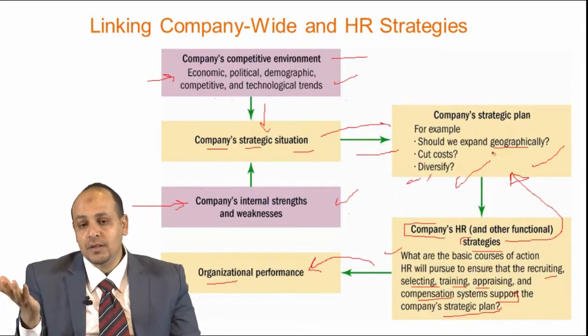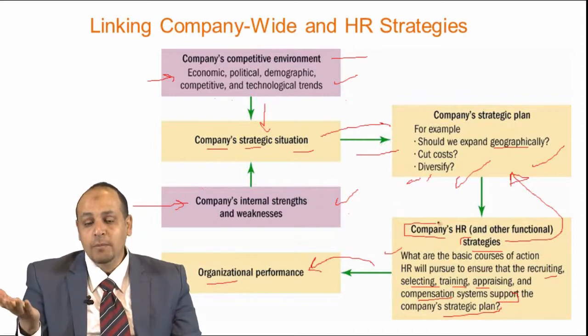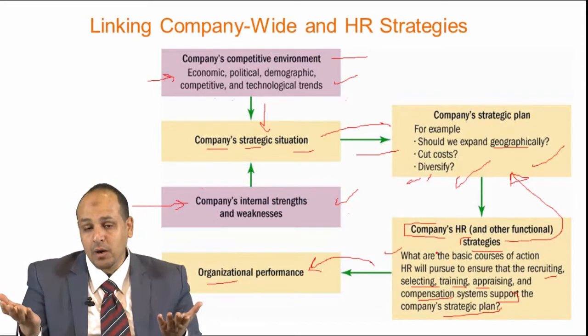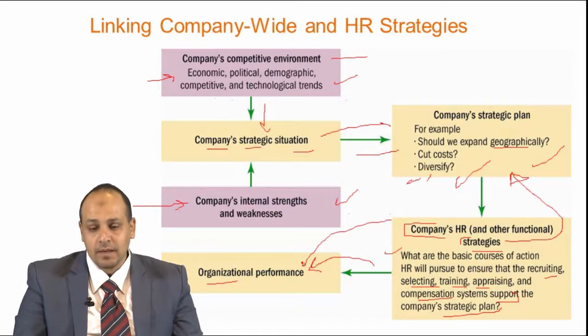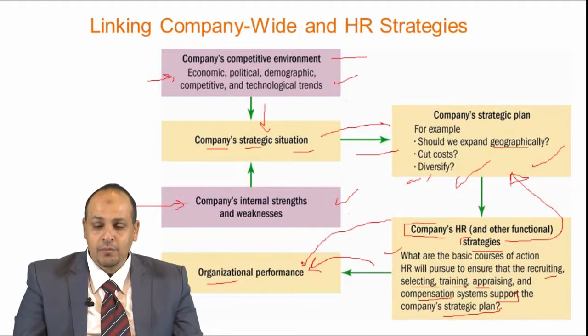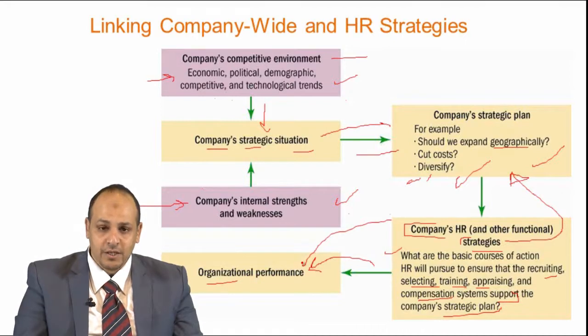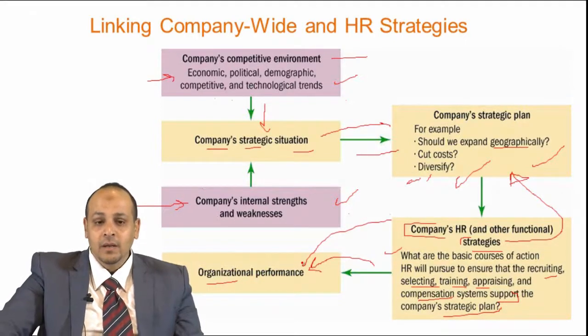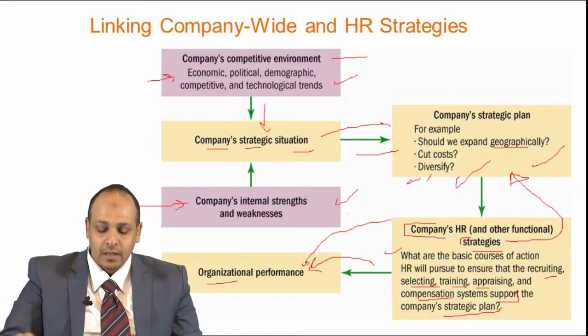We will only choose the staff who are capable enough to work in such a new environment. And the kind of training systems adopted by human resource management can also help the performance of those employees in a way that achieves the company's strategy. That is why we say human resource strategy should always be linked to the company-wide strategy.